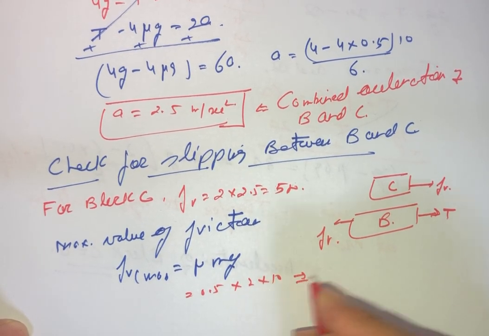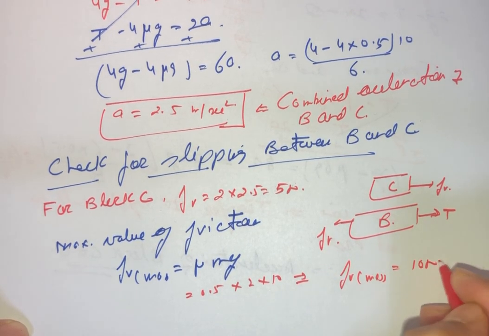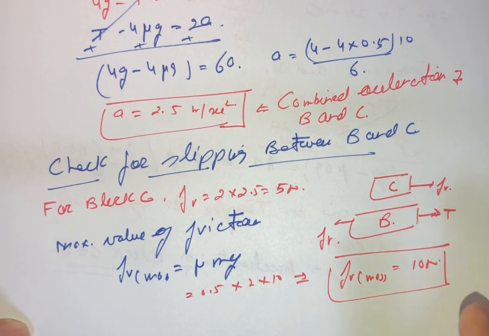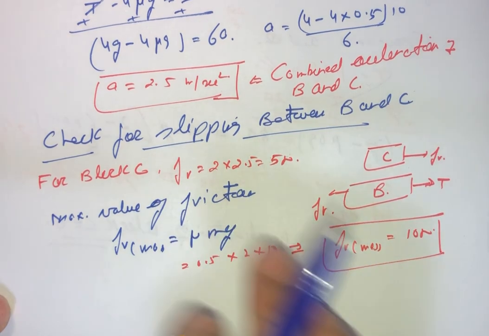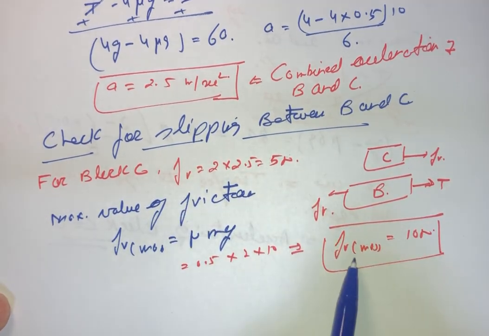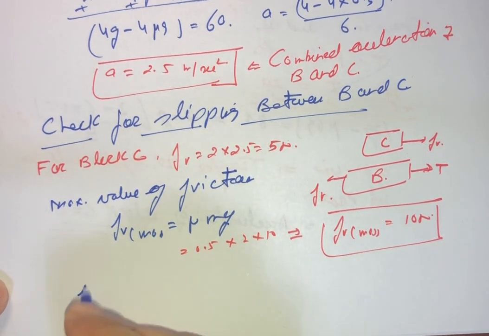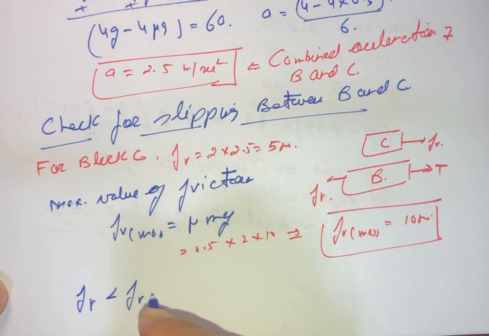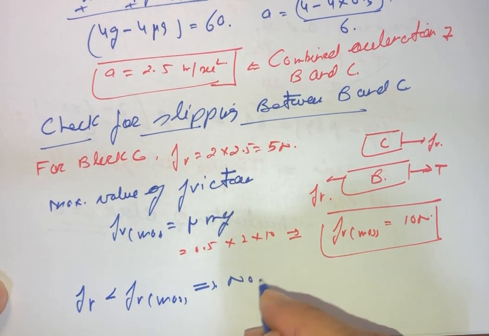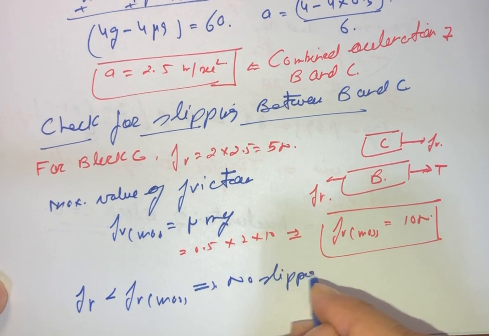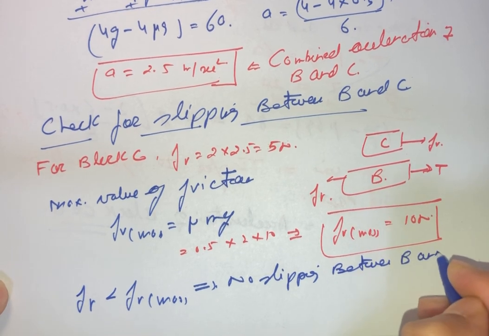So from here we can say that Fr max is 10 Newton. If you make a comparison between Fr and Fr max, you can clearly say that Fr is less than Fr max. So under this condition, there is no slipping between B and C.